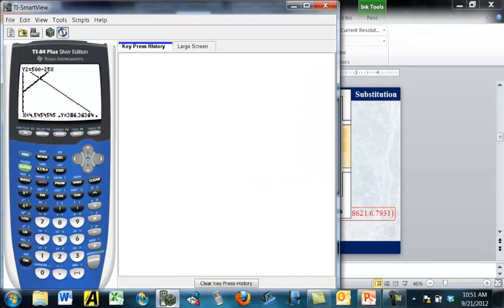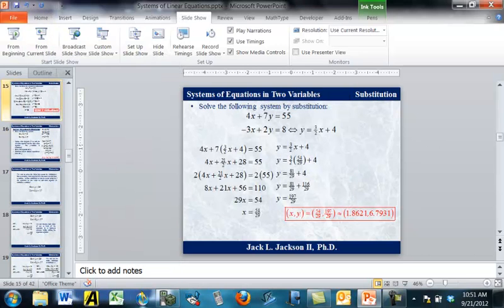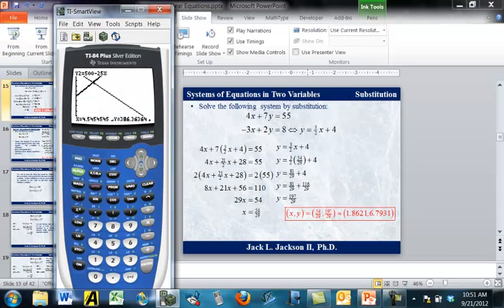Let me show you a nice little way to check this. So 54/29, store that as x, and this will give us a decimal. So there it is, rounded off, and we see that the decimal version matches up with that.